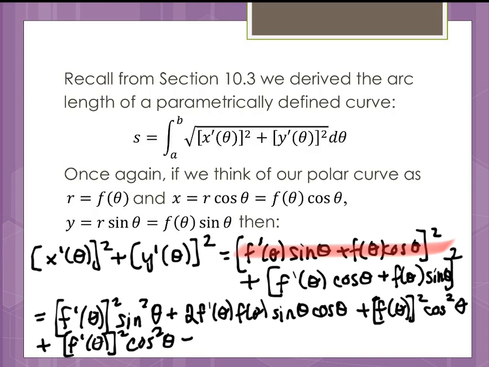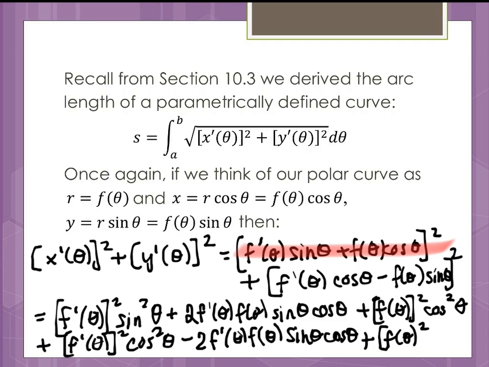Oops, we'll fix it. So I have negative, and I'll double the inside terms. This is 2 f prime of theta, f of theta, sine of theta, cosine of theta. And then I've got plus f of theta squared, sine squared of theta.